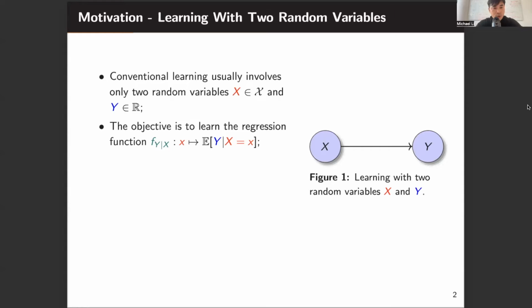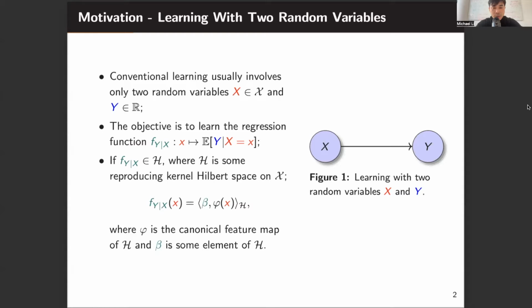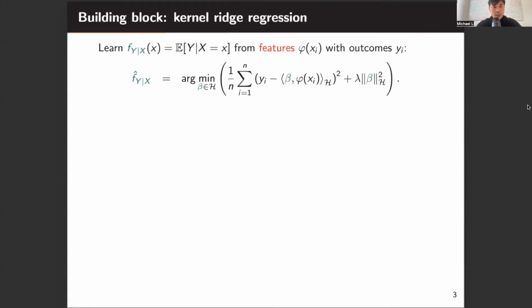To perform learning, we typically assume that our target function belongs to some H, where H is some reproducing kernel Hilbert space. Writing it this way, the target function evaluated at any point x is nothing but the inner product between beta and phi(x), where phi is the canonical feature map of our RKHS, and beta is some element of H. We can then formulate our empirical learning as the following optimization problem.